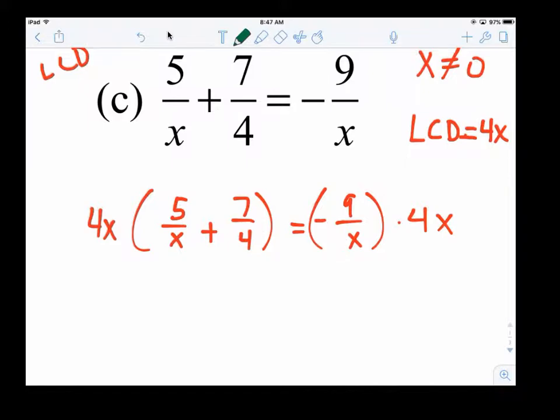When I do 4x times 5 over x, what do you get? 20. Good. And then 4x times 7 over 4, you get what? 7x. And then negative 9 over x times 4x would be what?